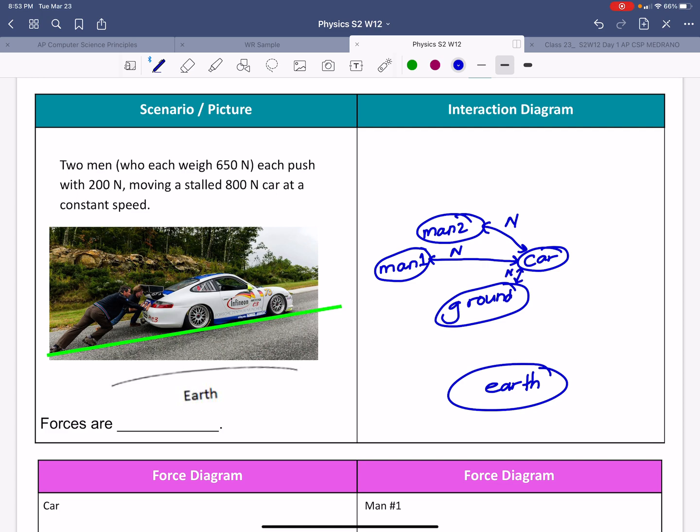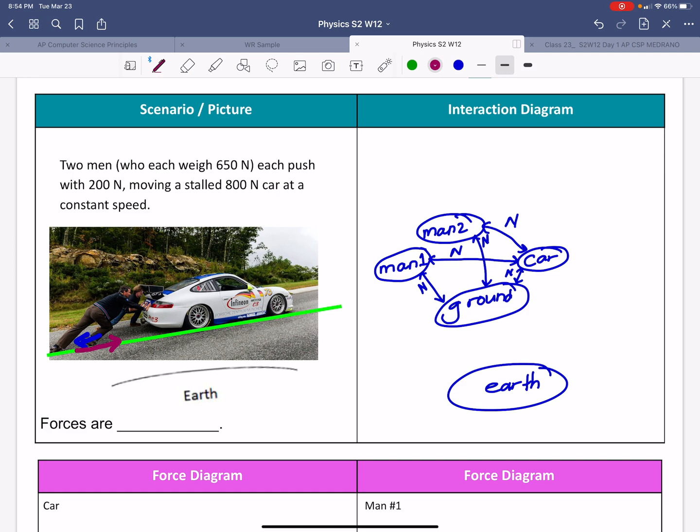So that's a normal force. We have also man 1 on the ground with a normal force. We have man 2 on the ground with a normal force. Now, there is a certain level of friction. As we talked about before, the feet from the men are moving away from the direction that they're pushing, and the friction that they're experiencing is going the opposite way.